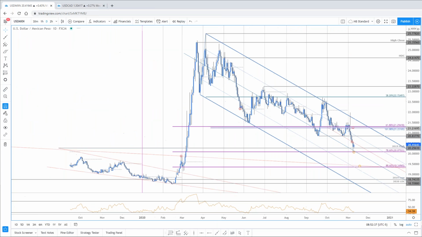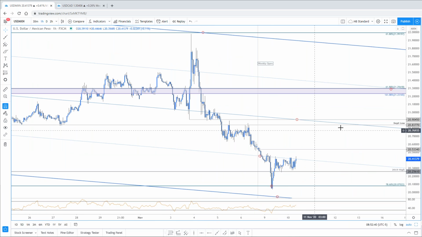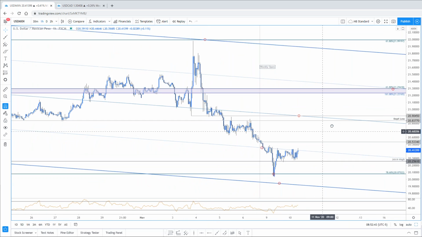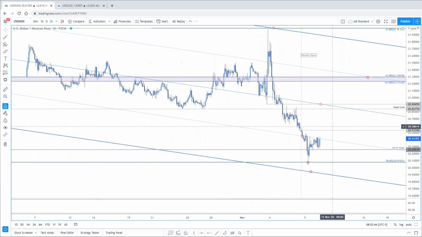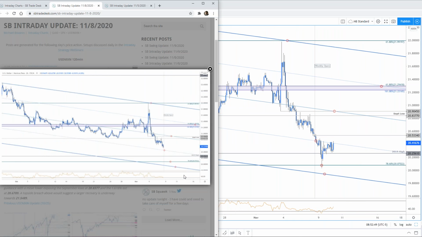Here's what the intraday chart looks like. All right, so there's the open, there's the break, 2025.61. There's the 786 retracement. Nice hold there, nice rebound.